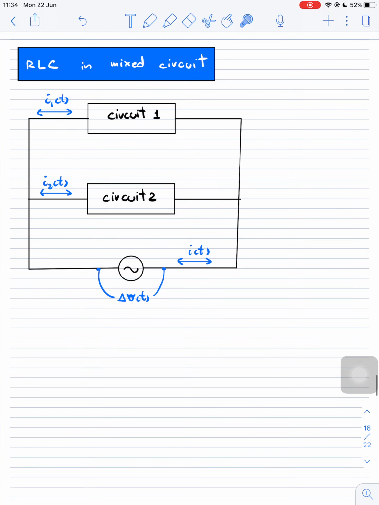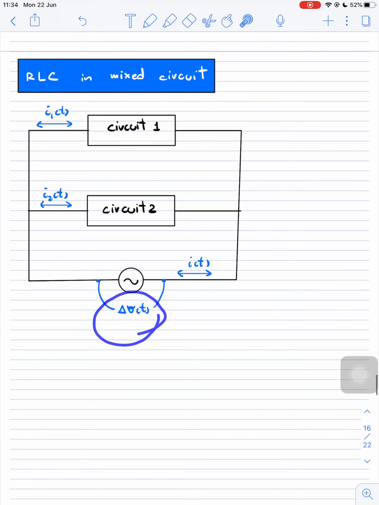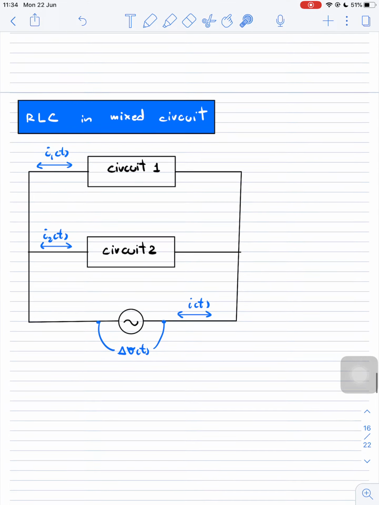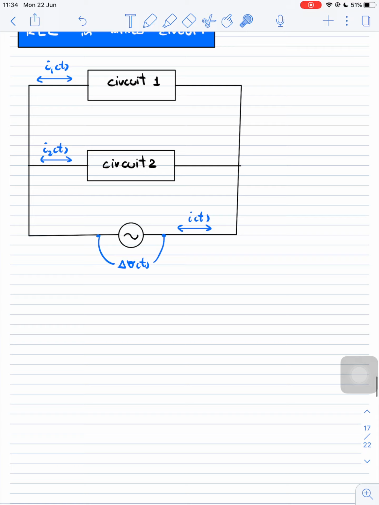So now let's assume that the current through the AC source equals I, and the potential difference across the AC source equals delta V, and the current through each circuit equals I1 and I2 respectively. Then we just want to find the phase difference between delta V and the I.